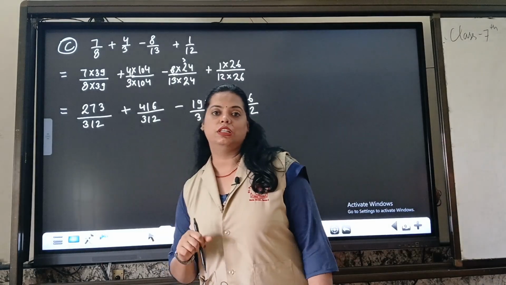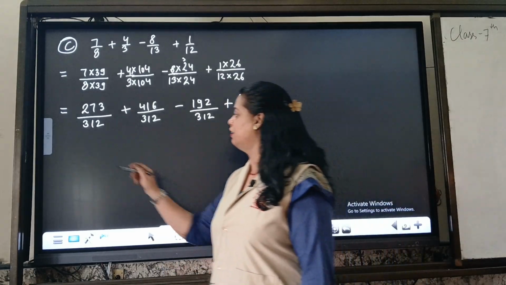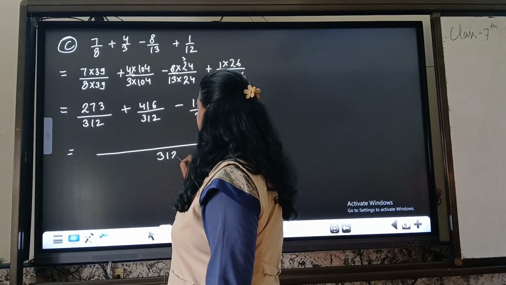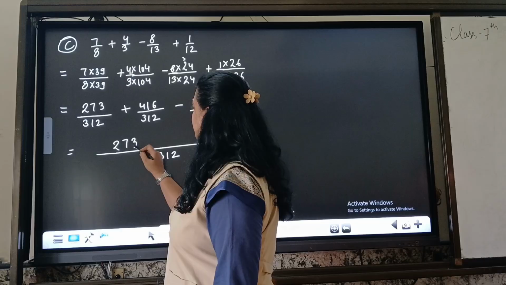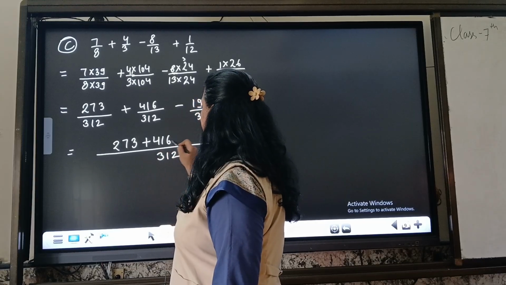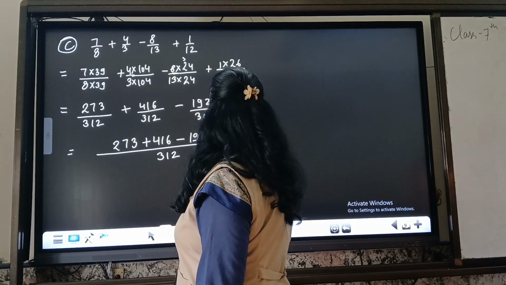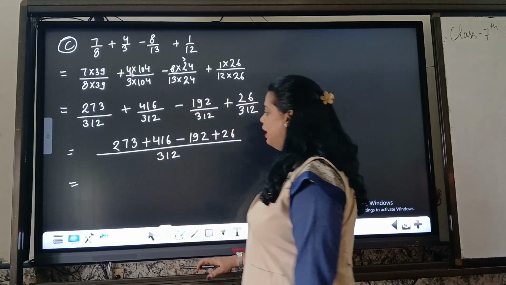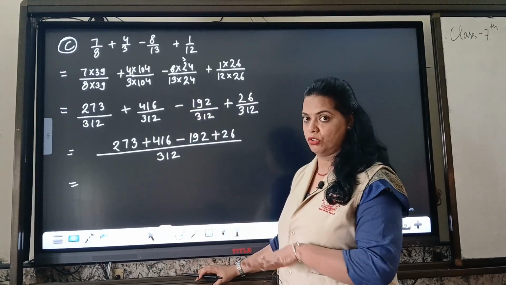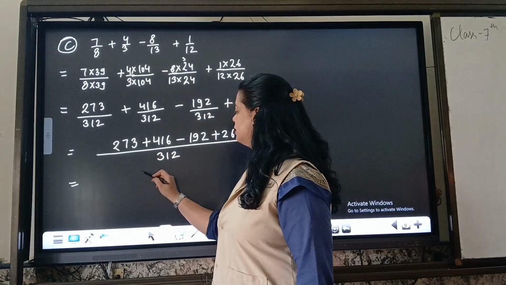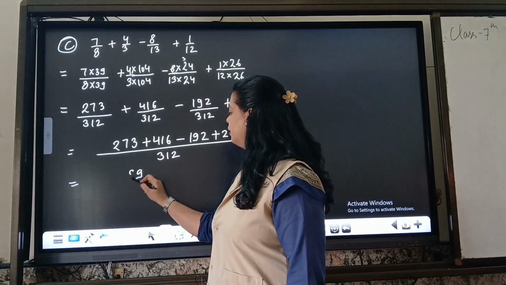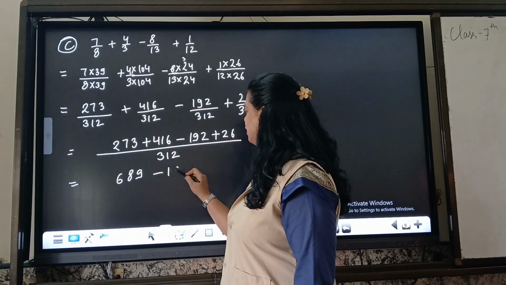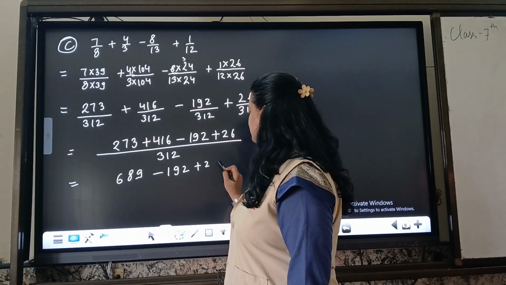Now we have all the denominators equal, so we will write 312 once in the denominator. Now 273 plus 416 minus 192 plus 26. I am going to add the first two numbers out of the 4 first of all. So it is 9, 8 and 6. Now minus 192 and 26 are here also.